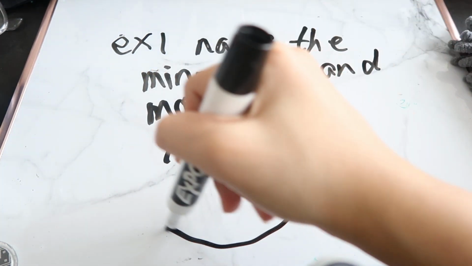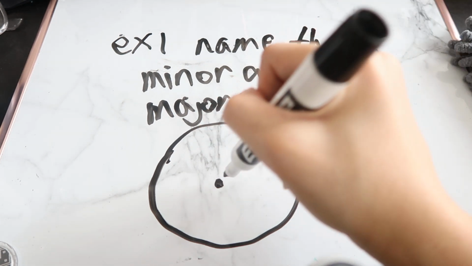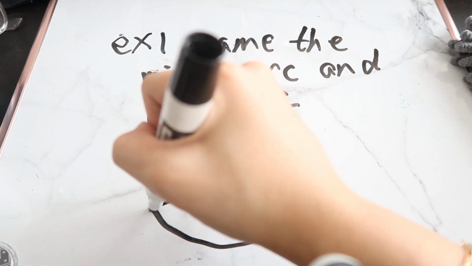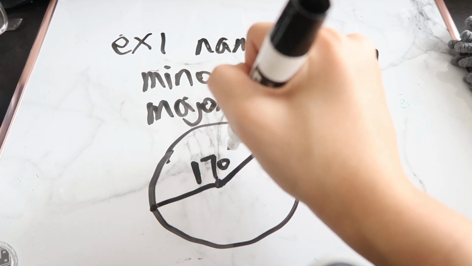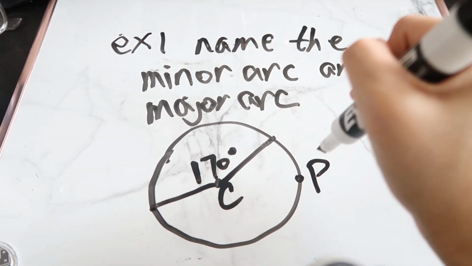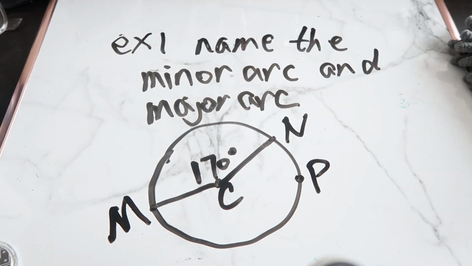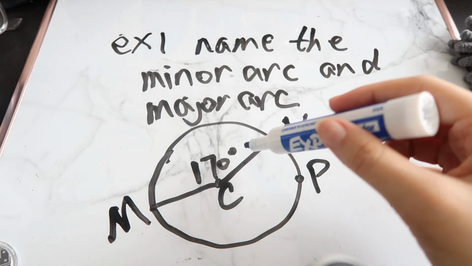So here we have a circle, and this is 170, C, and then we have P, N, M.